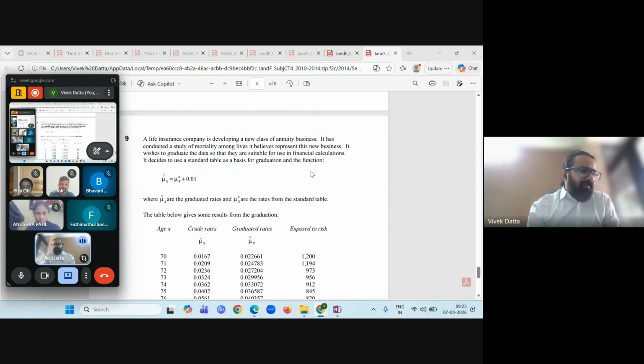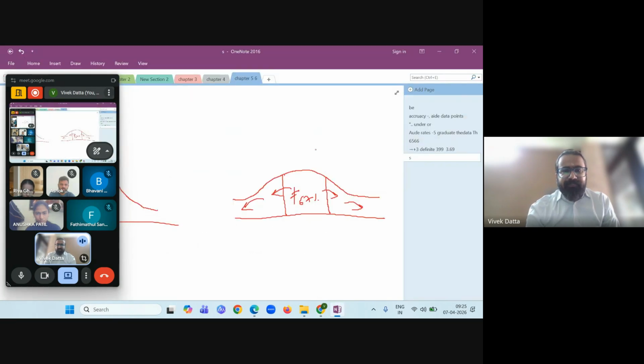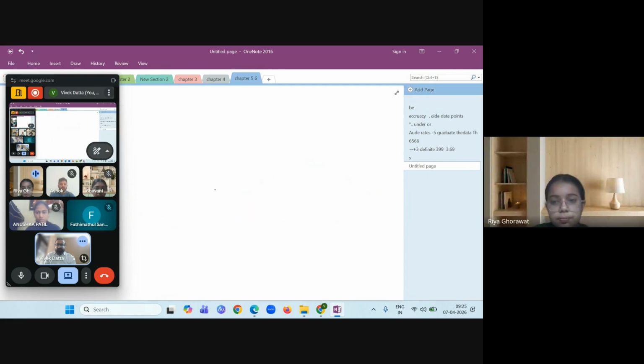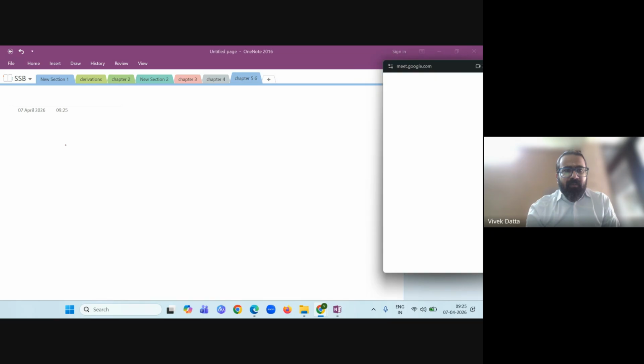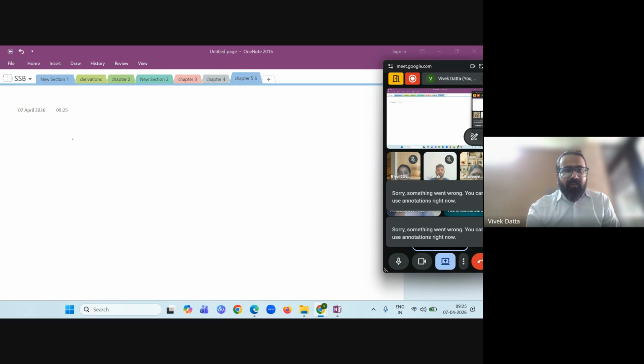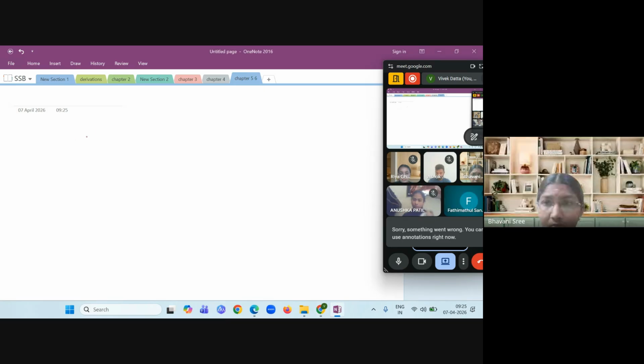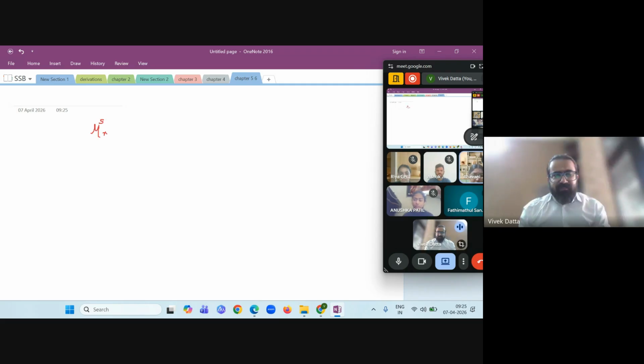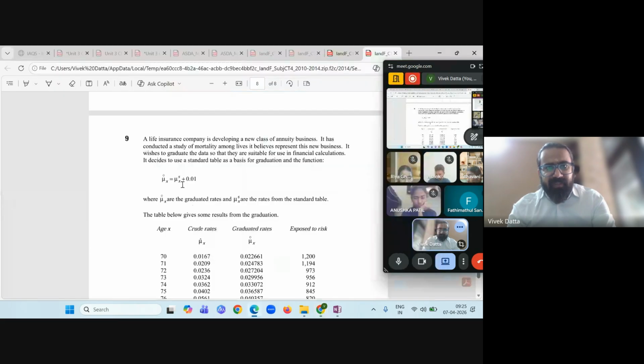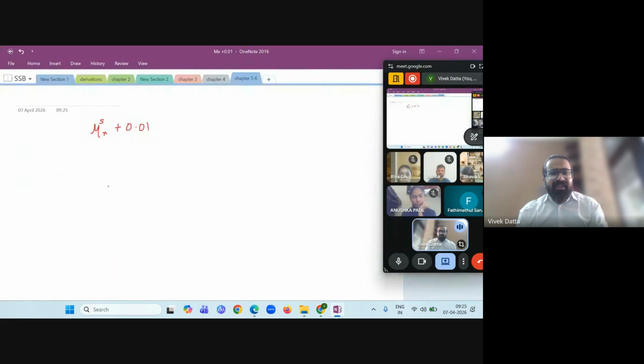Okay. Now in this sum, you all can see my screen. Yes. Now in this sum, something new is happening. You have been told that there is mu x plus something like that. So the graduated rates, just by inferring from this, I know this S is for standard table, plus I've been given one parameter additionally. So how many degrees of freedom?